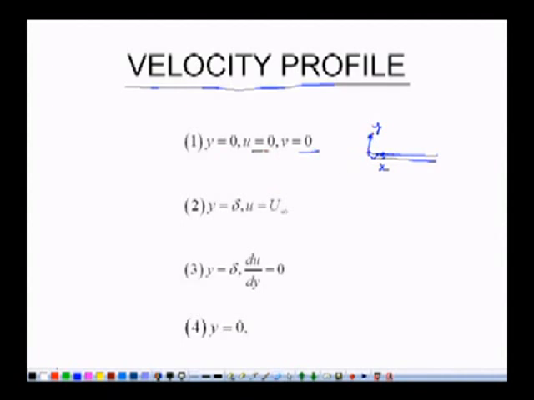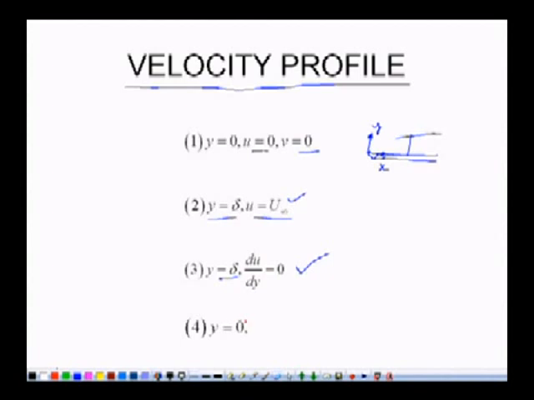When y is equal to delta at a given location, what is the velocity? The velocity becomes 99% of the free stream velocity, which may be treated as u infinity. When y is equal to delta, naturally du over dy is 0. There is no variation because there is no shear stress and no velocity gradient. So du over dy is equal to 0 at y equal to delta.